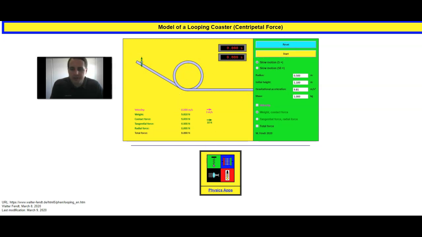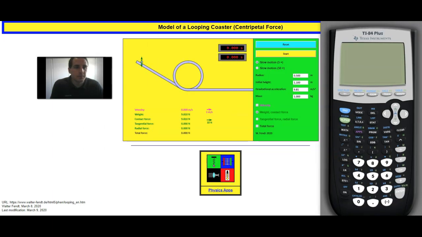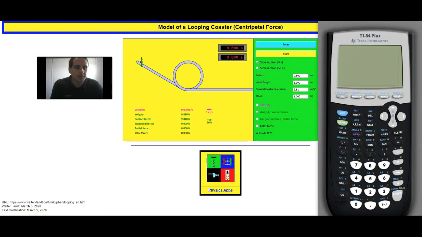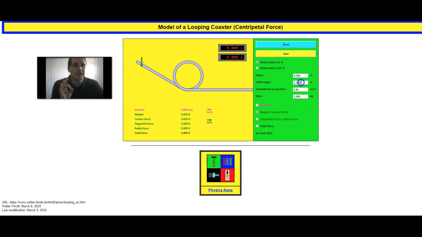So instead, let's bring out our calculator and let's say, okay, if we have 5 halves, 5 divided by 2, that should be the same thing as 2.5. 2.5 times 0.5 should be 1.25. So 1.25 is the initial minimum height. So the object should hopefully barely make it through this loop.